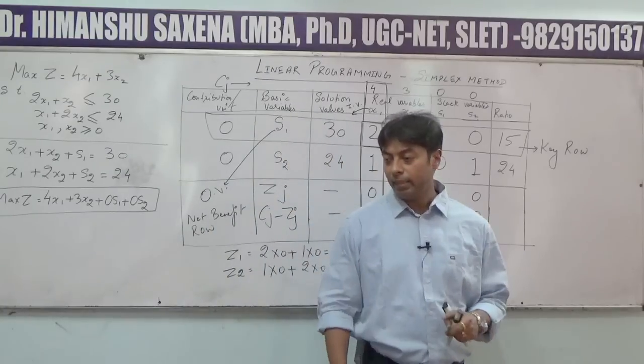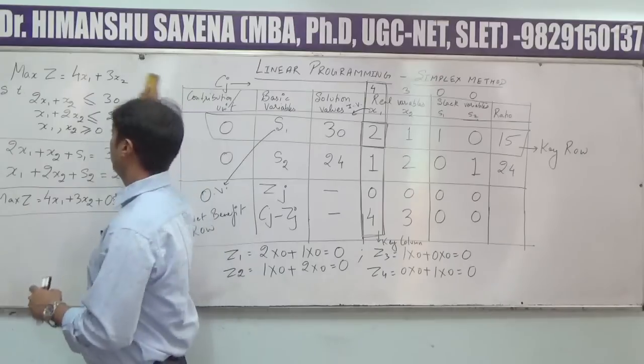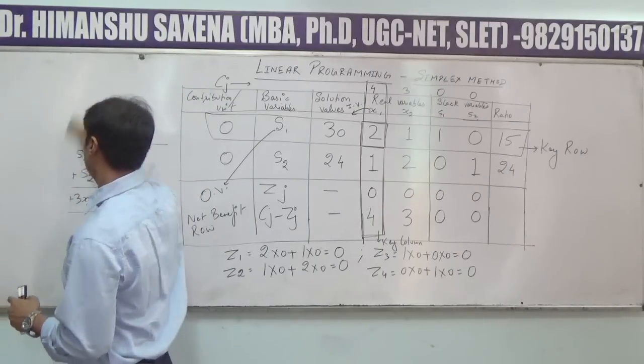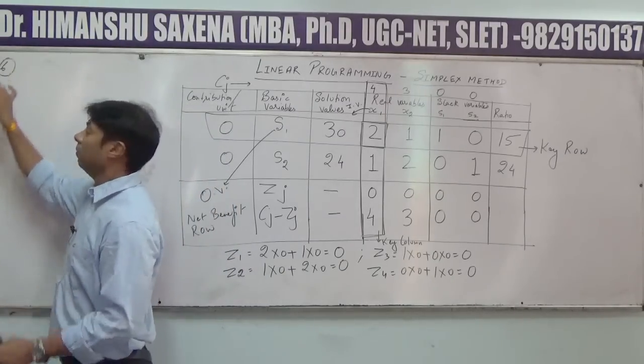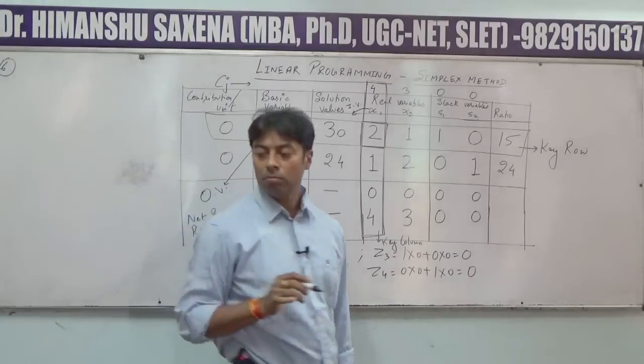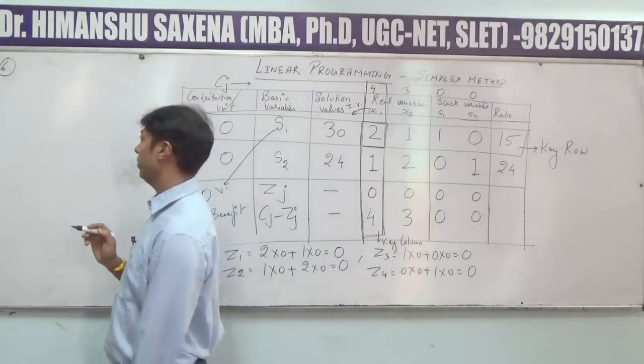New entry in key row is equal to key row divided by key element.